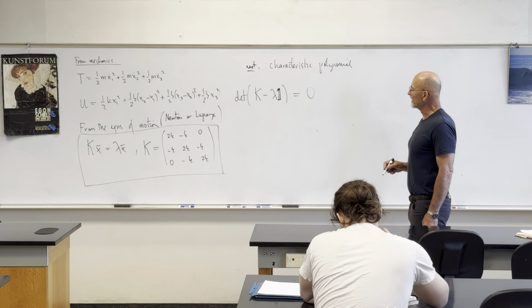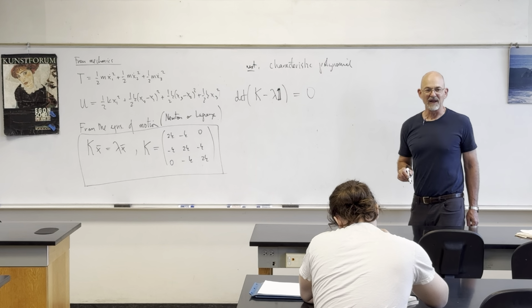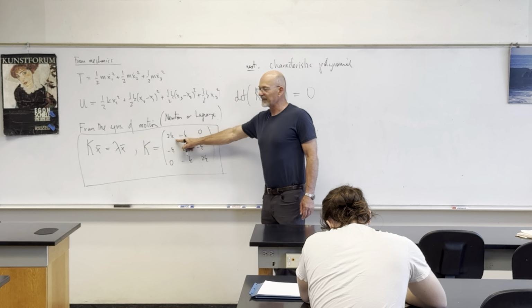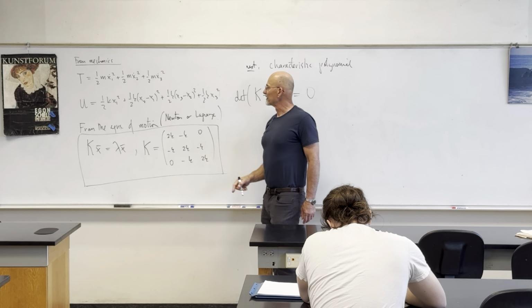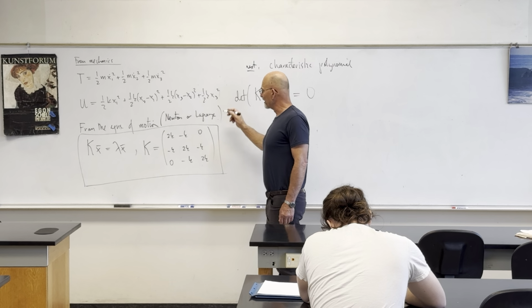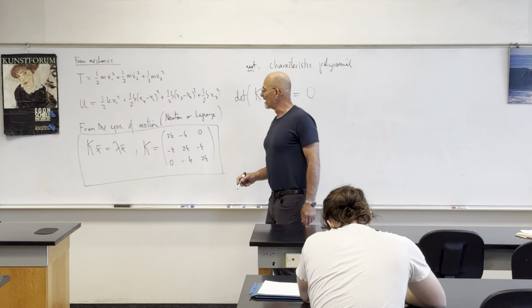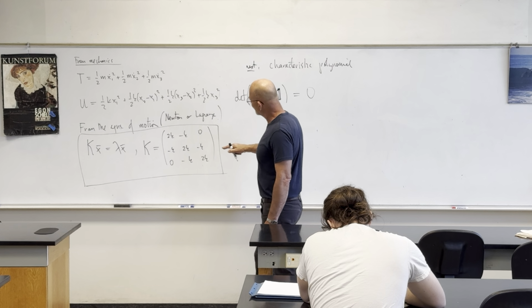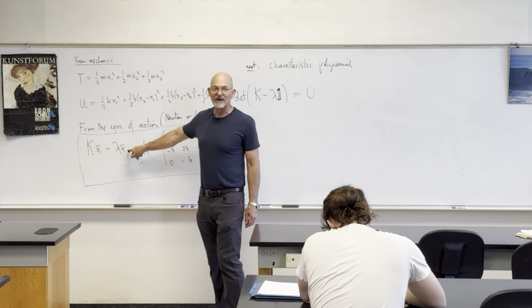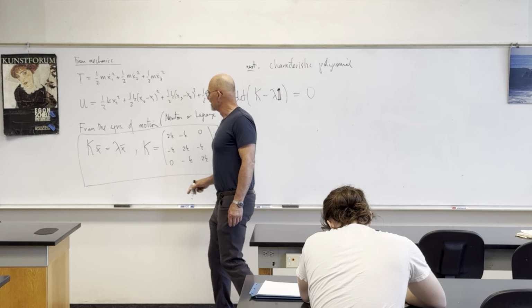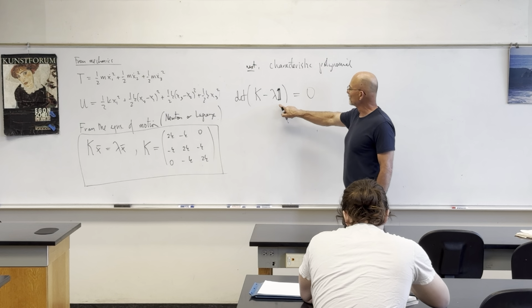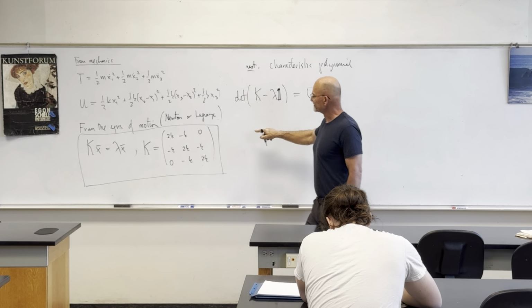Eigenvalues are going to have dimensions. What is it going to be? It's going to be the dimensions of the k, right? So the lambdas are going to be some kind of m omega squared. But they're not going to explicitly have that right here, because we didn't do that part. We'll study that later.